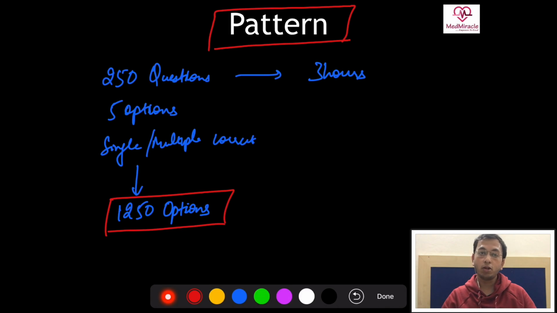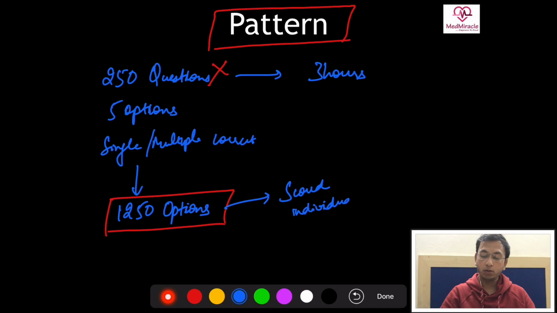The PGI exam is not about 250 questions, it's about 1250 options. Why? Because each of these options is scored individually. So there is no fixed marks for a question. Instead, it is the options that are scored individually.